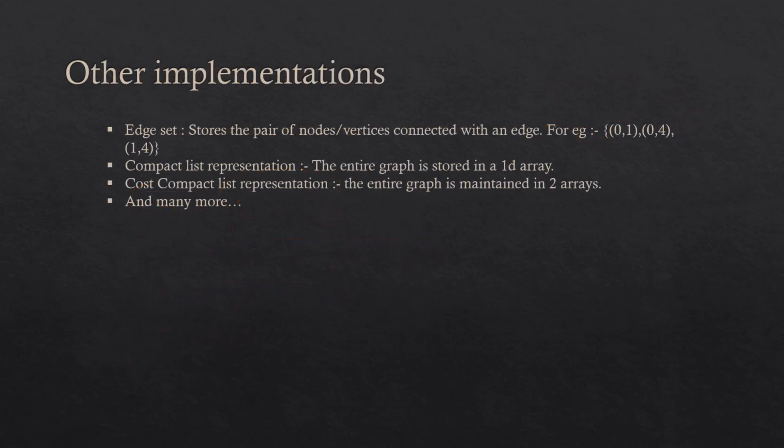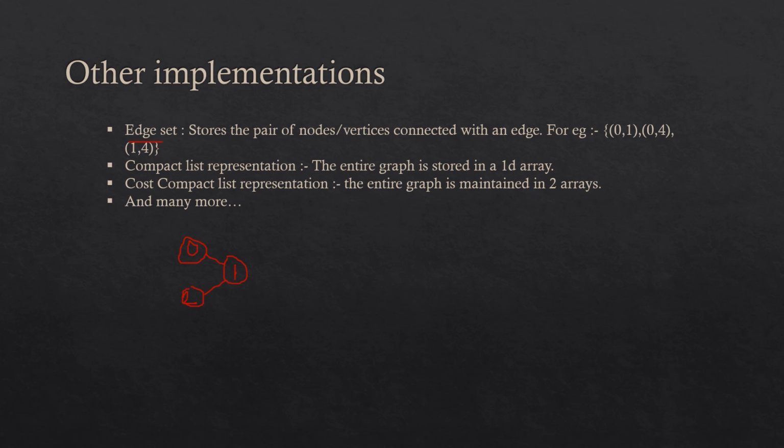There are many other implementations for a graph, but adjacency list and adjacency matrix are the two most commonly used. And there are other implementations too, like edge set. For example, if we take one directed graph, basically the edge set will store the pair of nodes belonging to each edge, like a set.